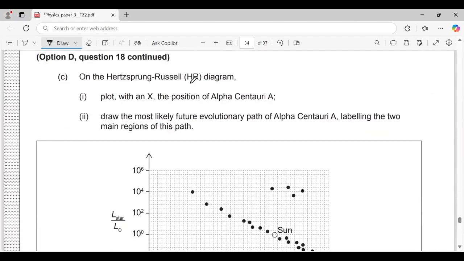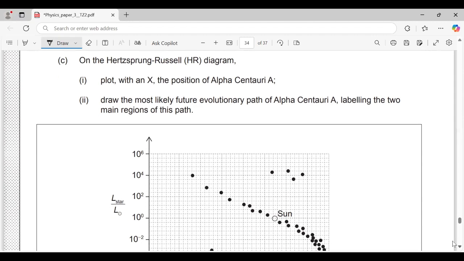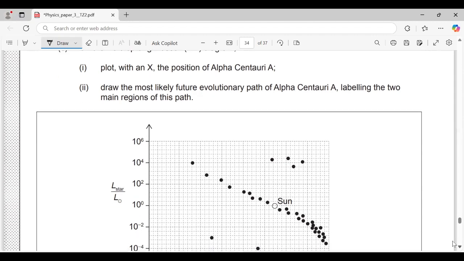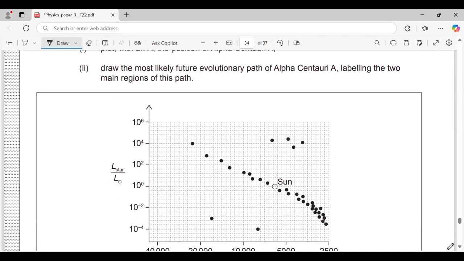Next, on the HR diagram, the Hertzsprung-Russell diagram, plot with an X the position of Alpha Centauri A. If L star over L sun is 1.5, we can determine the location around here.